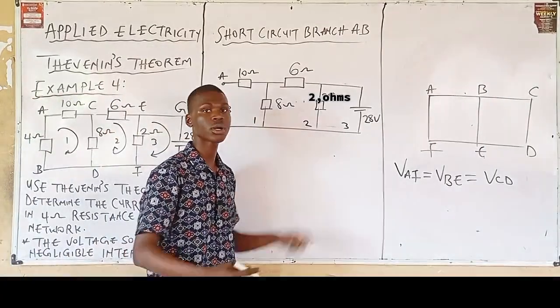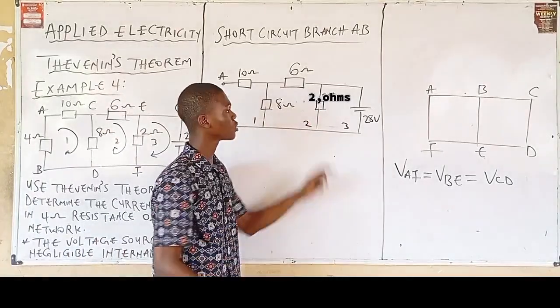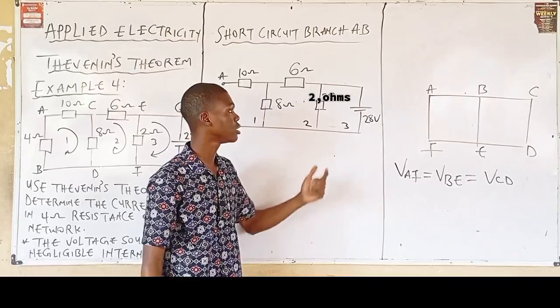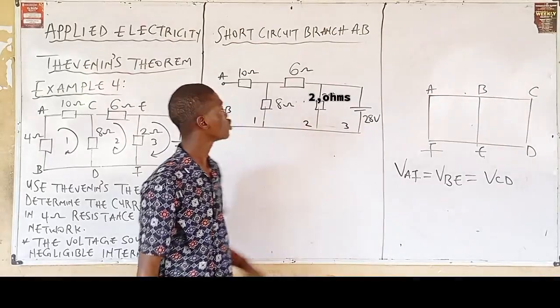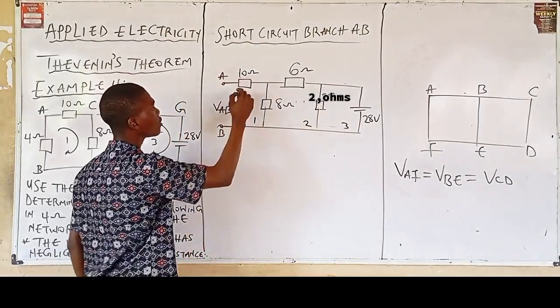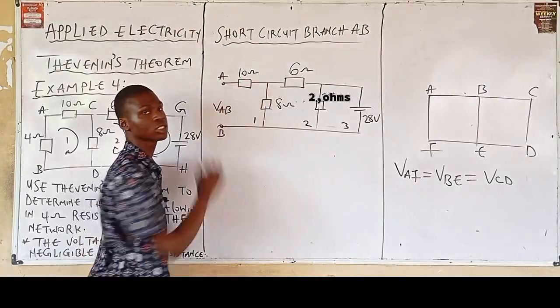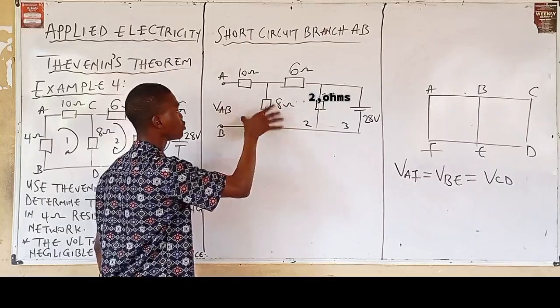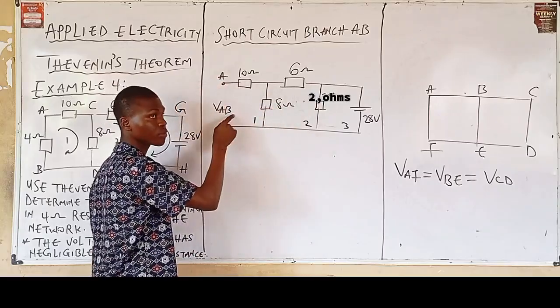Now, in loop 2, current flows because it is a closed circuit. Similarly, in loop 3, current flows because it is a closed circuit. So there is no current flowing through the 10 ohm resistor. Meaning for this circuit, you want to determine VAB, right?